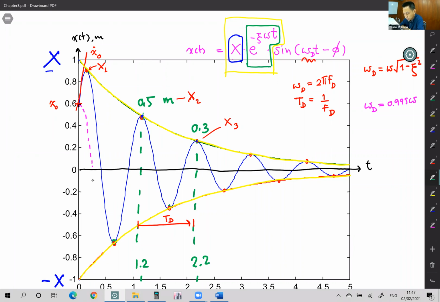For example, for the reinforced concrete building, most of the design codes prefer the engineer or the designer to use a damping ratio not greater than 3%. Okay, 2-3% at most for the reinforced concrete building.